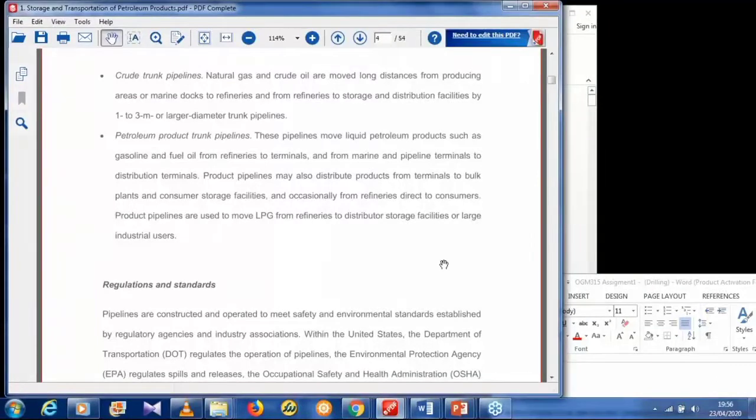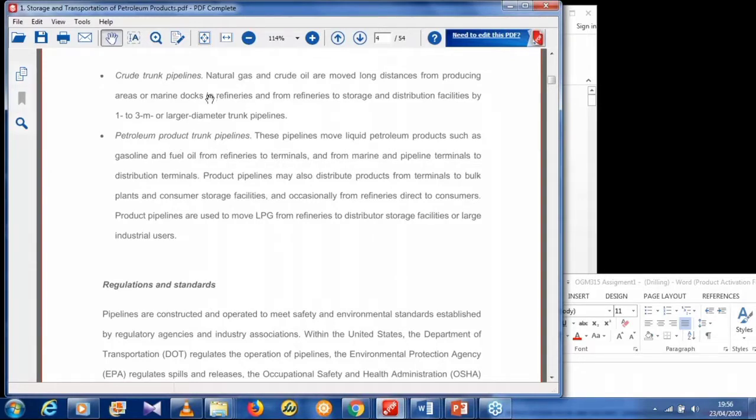We are considering long distances, from producing areas or marine docks to refineries, and from refineries to storage or distribution facilities. You understand? So we make use of larger diameter trunk pipelines. That's why they are called trunk lines. They're usually of large diameter. The same thing applies when we're talking about petroleum products.